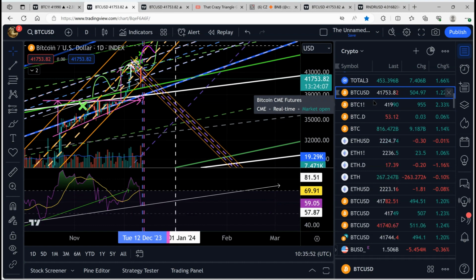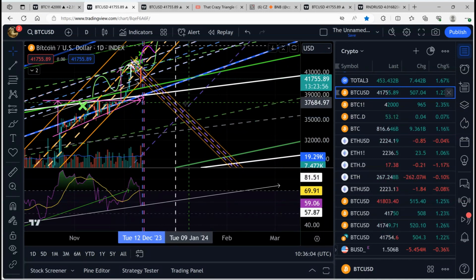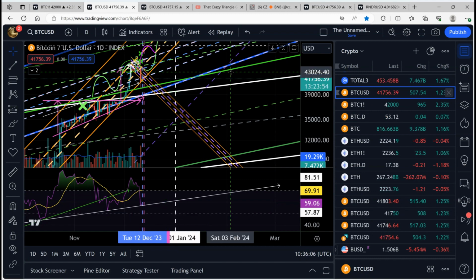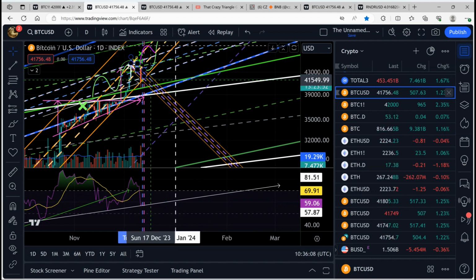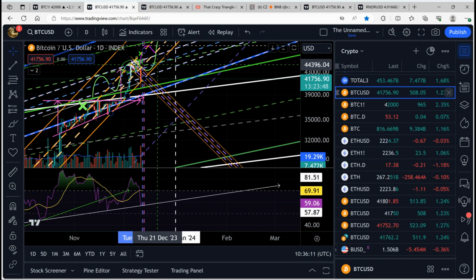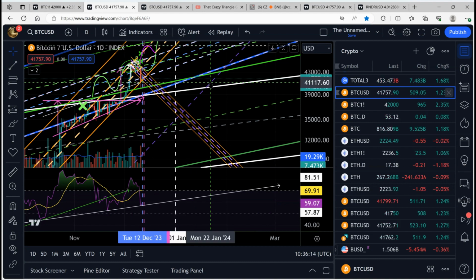If we get good numbers, we pump up immediately. If we get bad numbers, we maybe go sideways for a little bit and pump up next week. Either way, we pump up. Just depends whether it's tomorrow, Wednesday, or maybe next week.